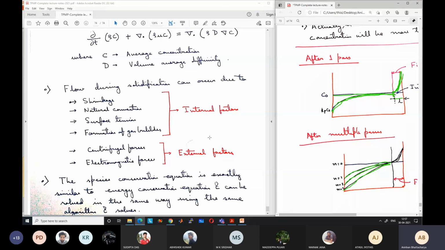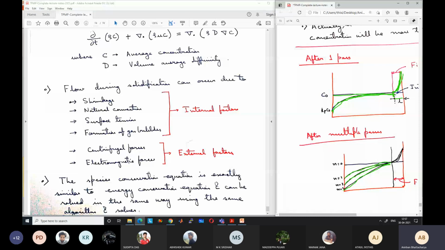Similarly, we can provide electromagnetic forces to induce flow within the liquid. Why do we want to force flow within the liquid? Because when there is flow within the liquid, it breaks down the microstructure into a finer microstructure, which results in much higher strength.